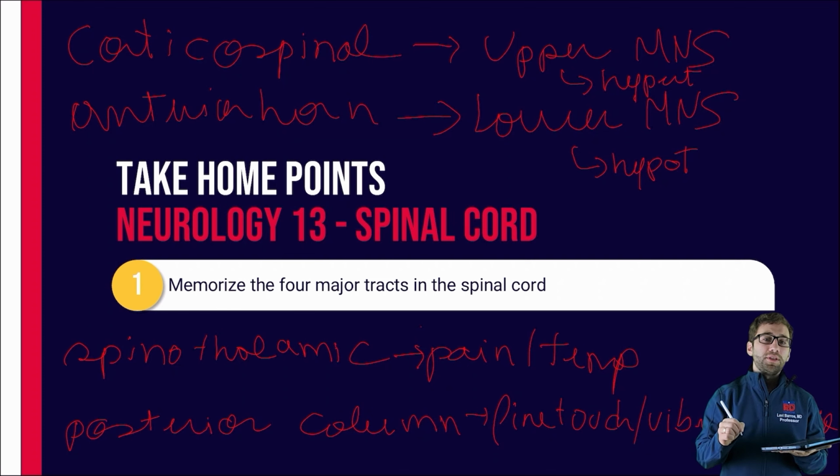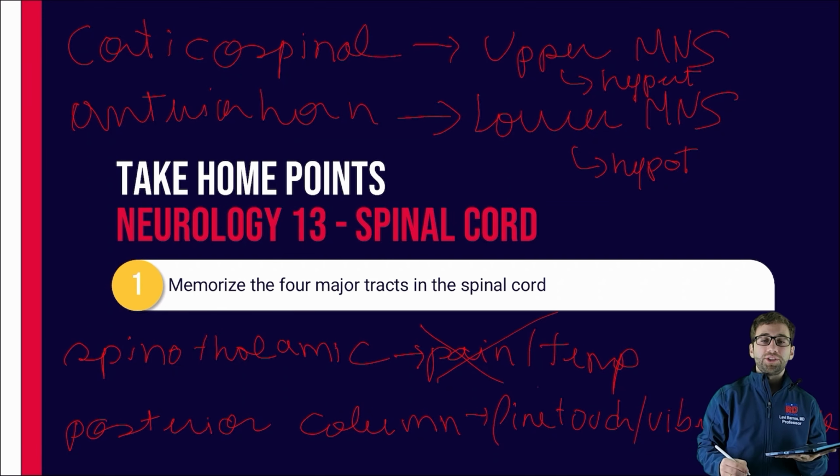Lesions in the spinothalamic tract will lead to loss of crude touch, pain, and temperature sensation, while lesions in the dorsal column will lead to loss of proprioception, vibration, and fine touch. Easy, right?